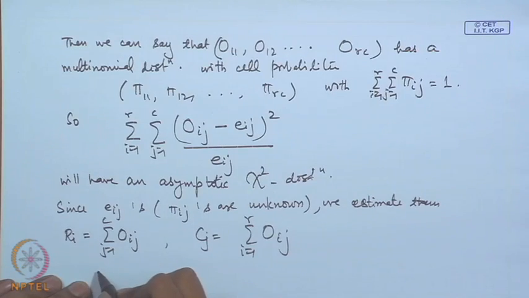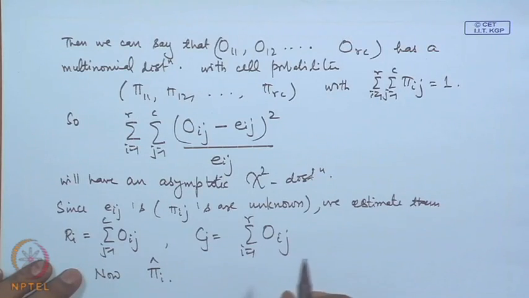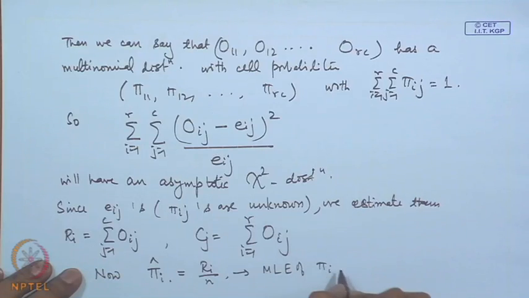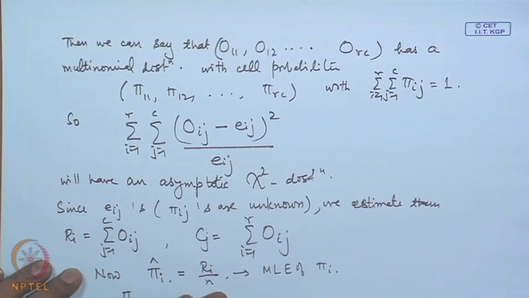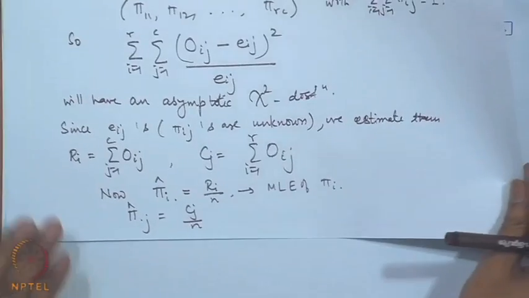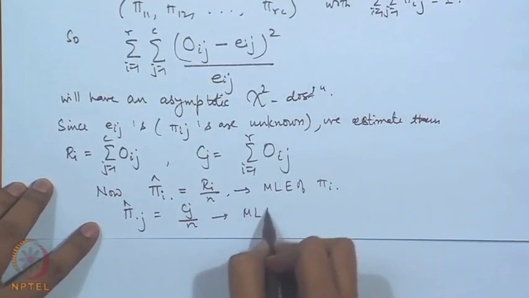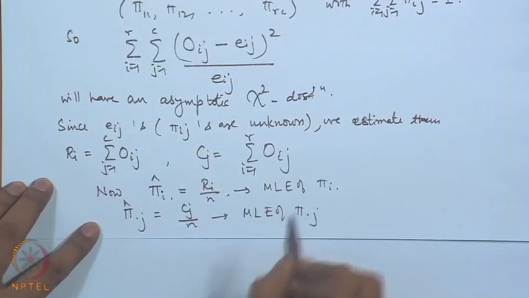Now, pi I dot head, the estimate of the ith row attribute probability, can be estimated by R I by n. This is the maximum likelihood estimator of pi I dot. Similarly, pi dot j head is C j by n. Okay. This is the maximum likelihood estimator of pi dot j.